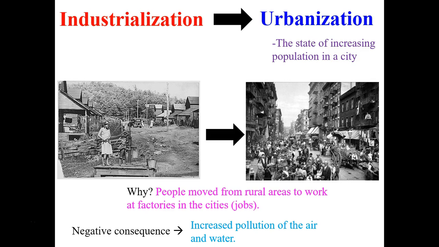There are urban places, urban areas, which are cities, and then there are rural places, which are more country type places. So all of this industry leads to urbanization. Why? Well, people moved to these cities to work jobs. Factories had jobs. People needed jobs to make money. So a lot of people moved from rural areas to urban areas to work in the factories.